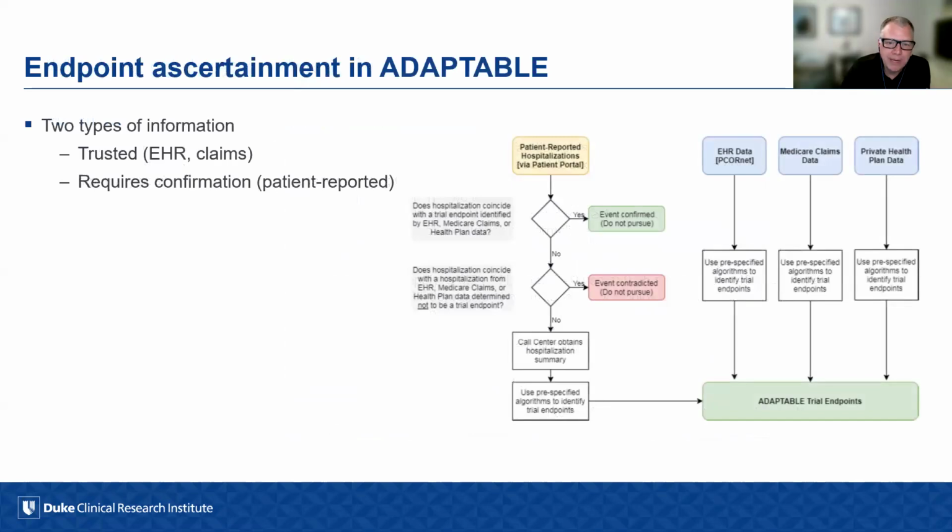So here was the pain a little bit. I know this is a little bit blurry, but endpoint ascertainment basically followed two paths. If we saw something in EHR data, we believed it. We actually did end up getting Medicare claims data for people, and if we saw an event in that, we just accepted it.